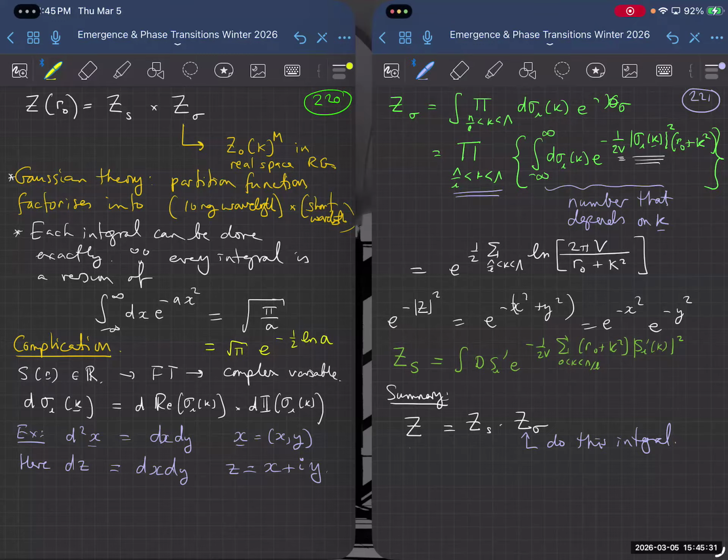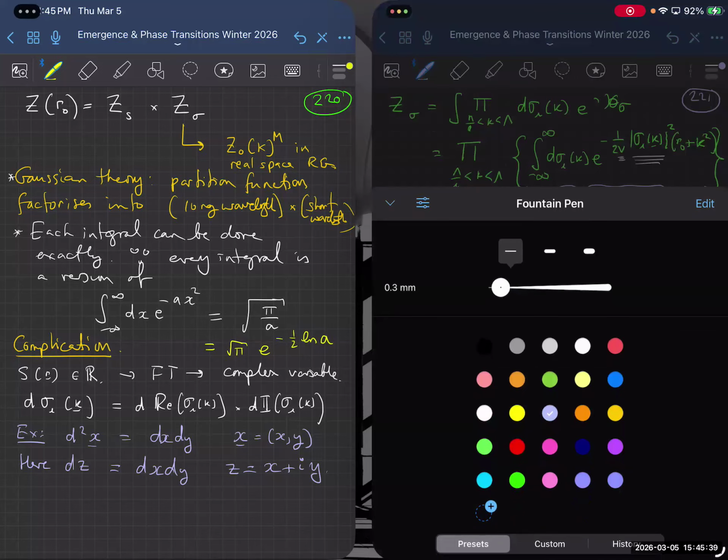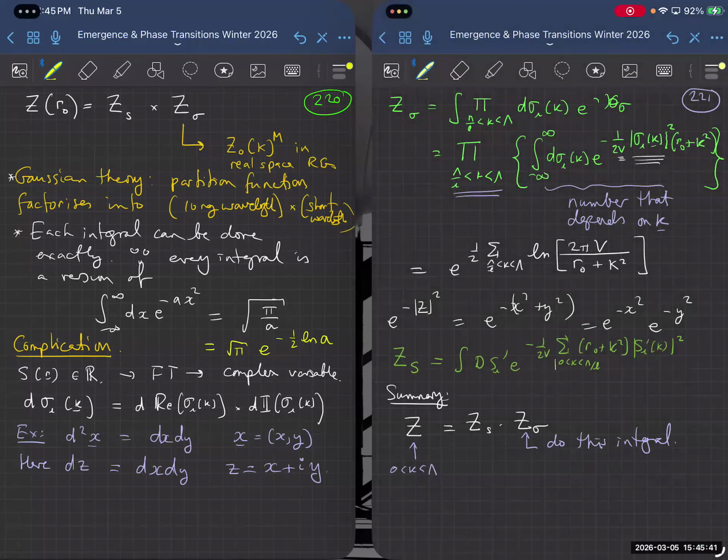My original partition function has naught less than k less than lambda. But if you look at our expression for Z sigma, what I have left goes between naught less than k less than lambda over L. It has a different range of k. So we can't, as I explained before, just compare them. So the next step that we need to do is the renormalization step. We need to rescale space.